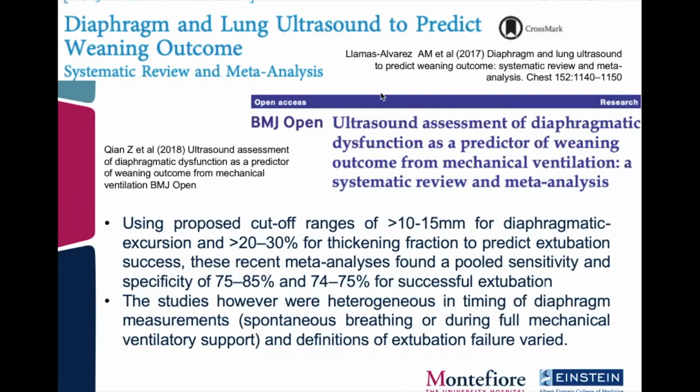But the authors cautioned that a lot of the studies were very heterogeneous in the timing of diaphragm measurement, whether they were done during spontaneous breathing or during full mechanical ventilatory support. And the definitions of extubation failure also varied, so it's very hard to draw conclusions from these studies.